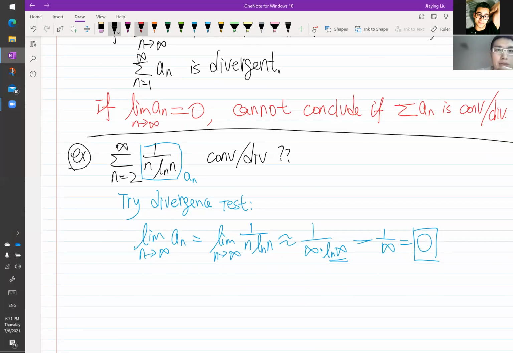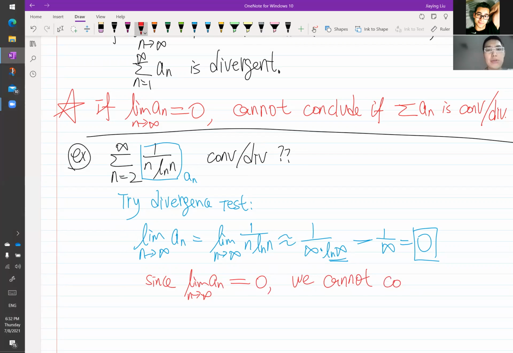So this part that I wrote in red tells us that since the limit as n goes to infinity equals 0, we cannot conclude whether it's divergent or convergent using the divergence test.